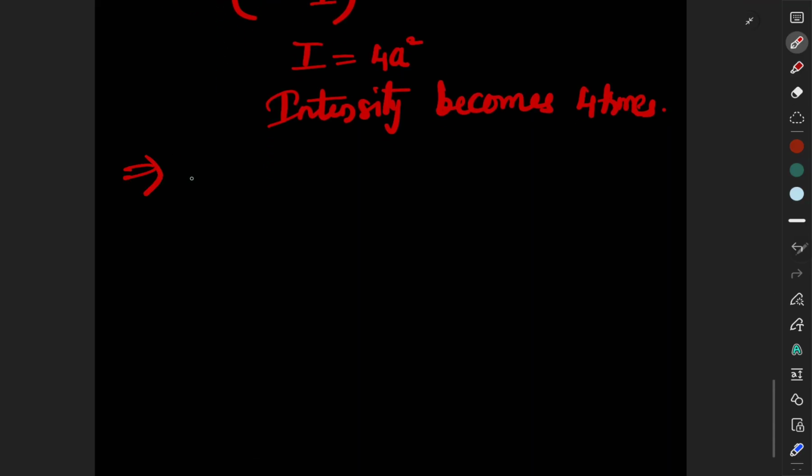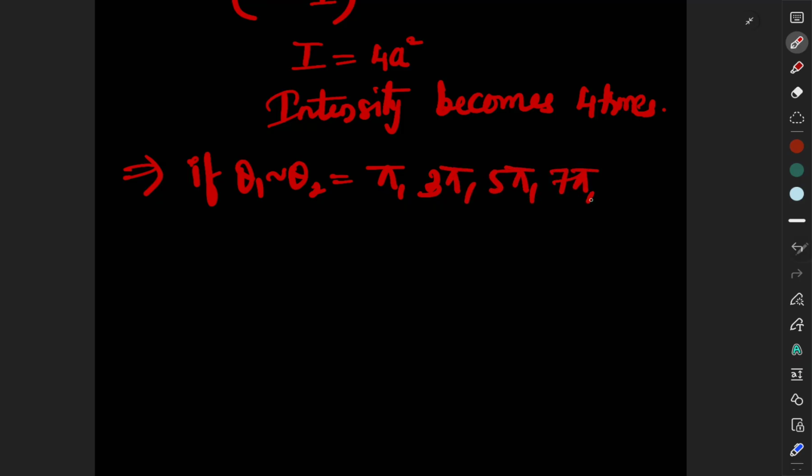Now similarly, if theta 1 and theta 2 are pi, 3 pi, 5 pi, 7 pi, odd multiples, and so on up to (2n plus 1) pi, where n is equal to 0, 1, 2, 3, and so on, then a will become a1 minus a2.